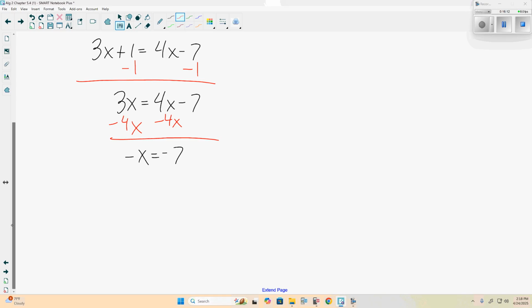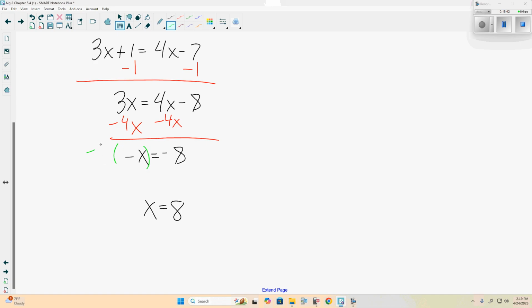If negative x equals negative 7, positive x should equal what? Ah, yes, thank you. Brain spaced out a minute. So, negative 8. If negative x equals negative 8, what should positive x equal?